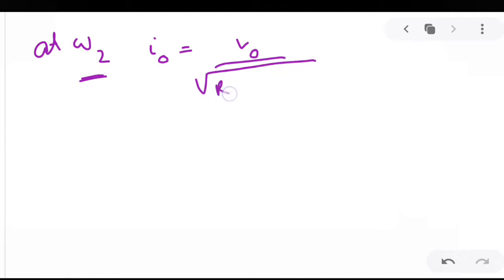So at omega 2 we have current I naught equal to, now this is not the resonant frequency, so we have the normal formula V naught divided by the square root of R square plus (omega 2 L minus 1 by omega 2 C) square.